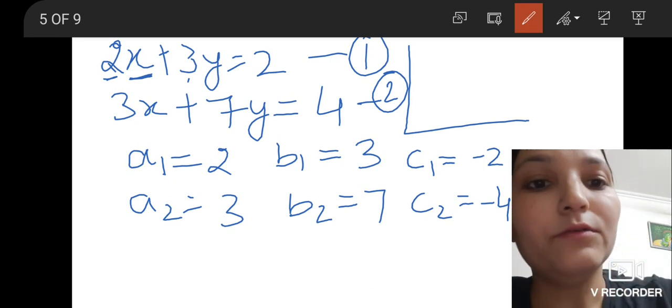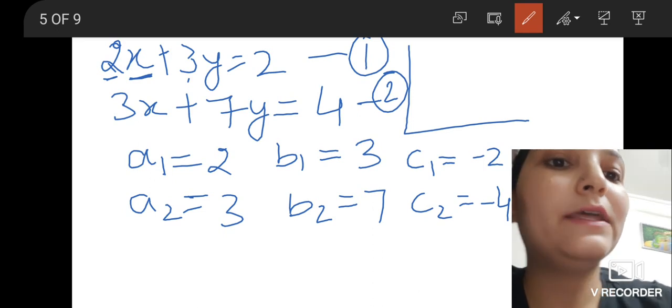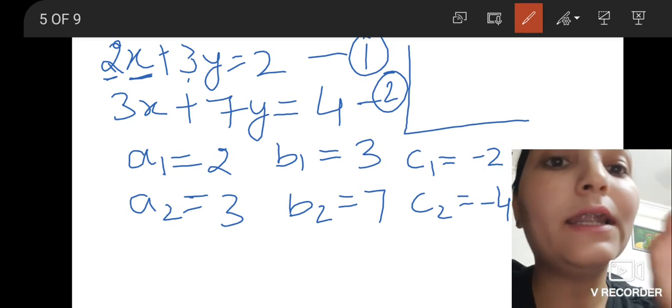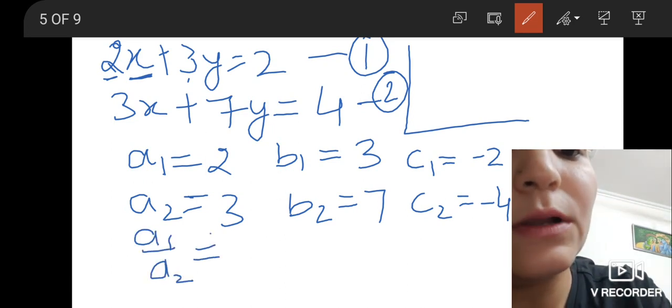Now, if these are intersecting lines, there is a condition: a1 upon a2 should not be equal to b1 upon b2.